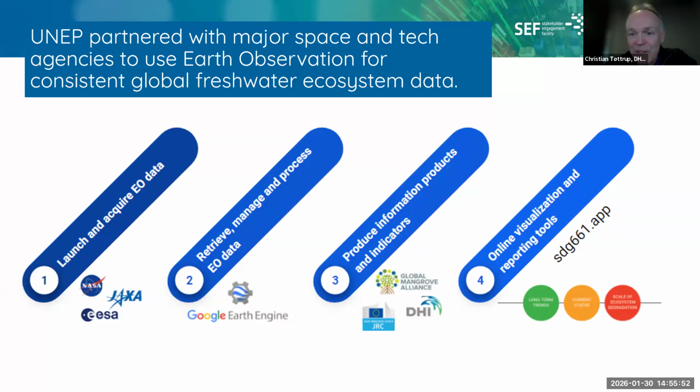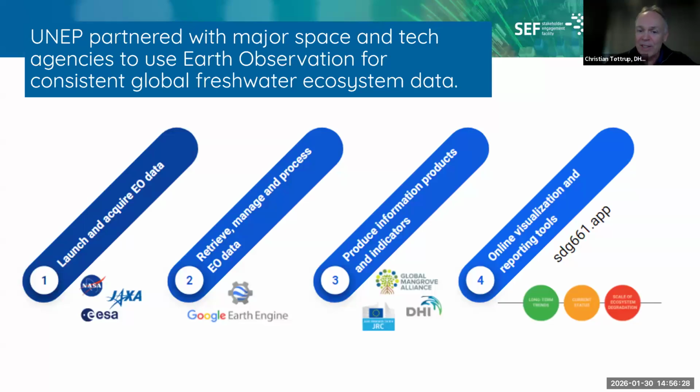And key for the SDG process has been Google Earth Engine, who has provided a lot of support in terms of providing the processing framework and the data access to the raw satellite data, and which is used by a number of key technology partners: the Joint Research Center here in Europe producing global surface water trends, the Global Mangrove Alliance, who are providing the information on coastal wetland ecosystems, and ourselves in DHI, who are doing work related to inland wetlands and river flow modeling.